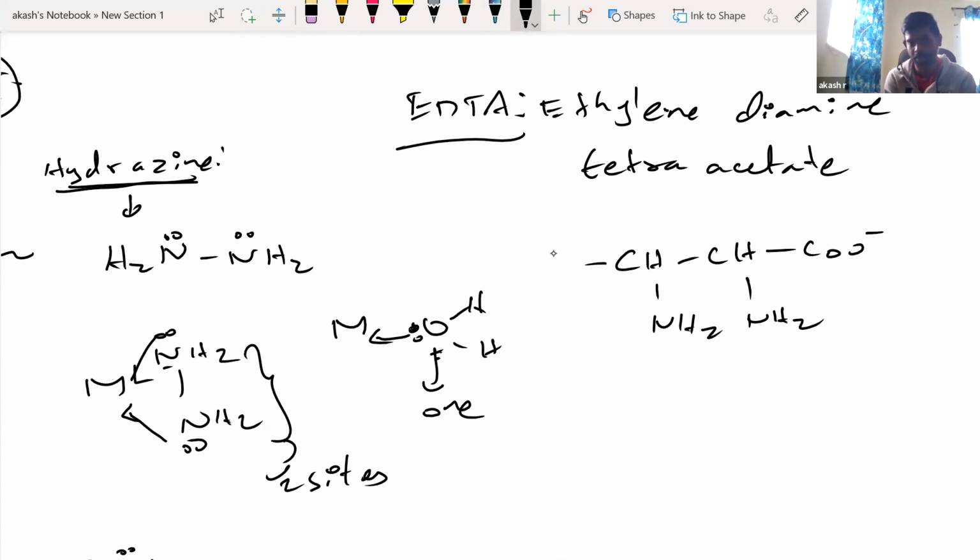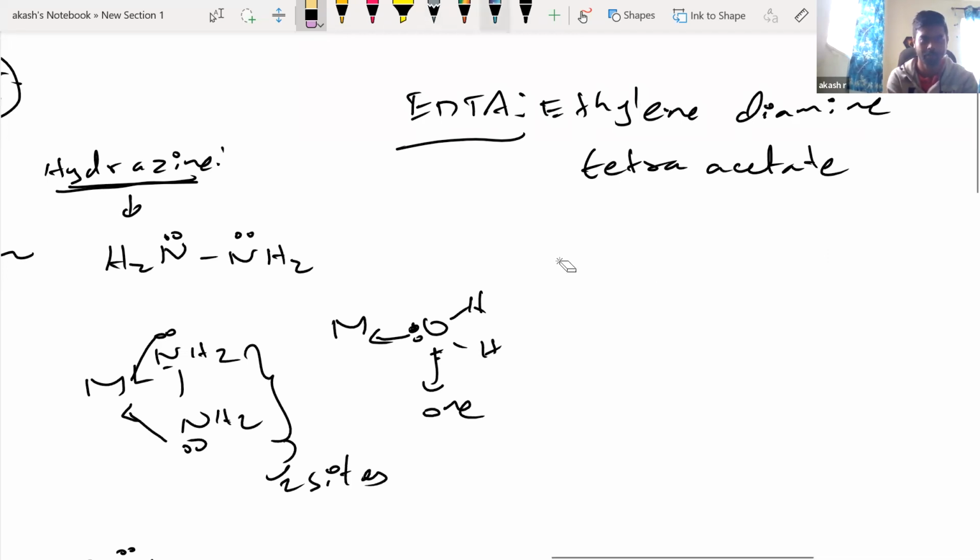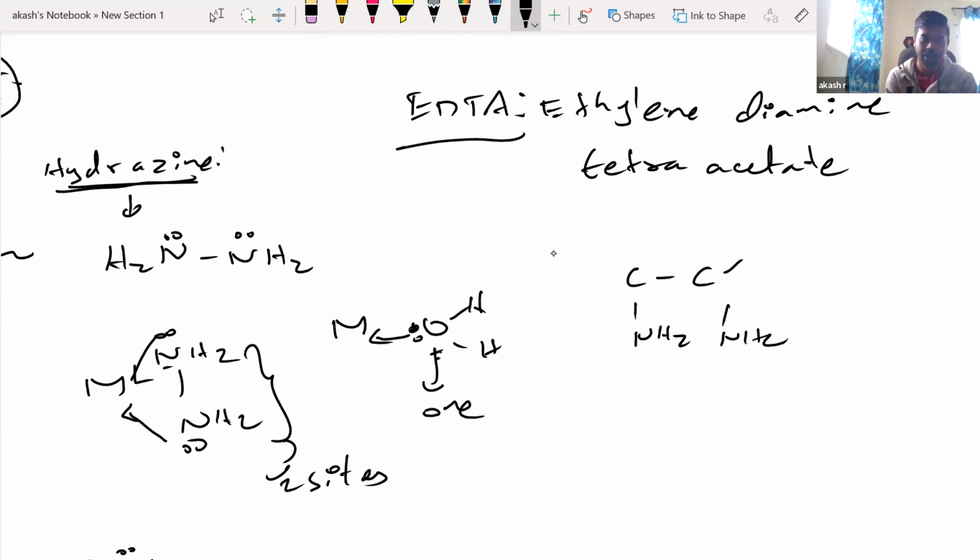Tetra acetate means we need to have four. Okay, let me write this from the start. So we have carbon having two NH2s, and we have one COO minus like this, another COO minus, another, and another. 1, 2, 3, 4. So this ligand is what is called EDTA.